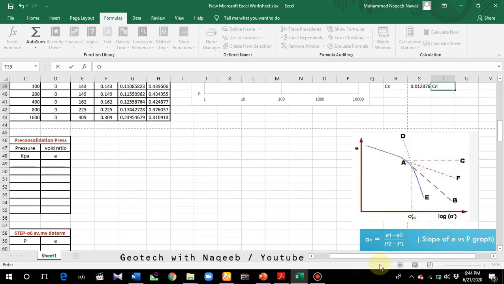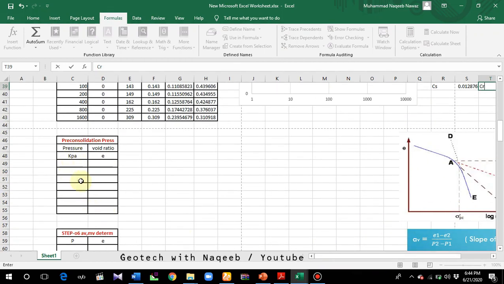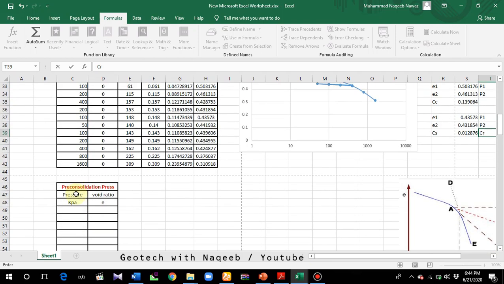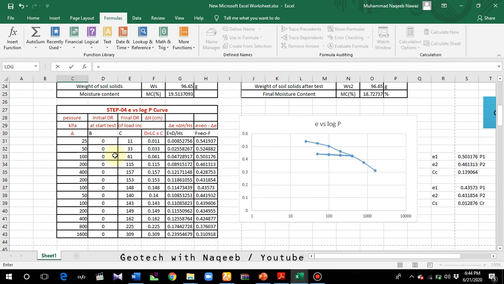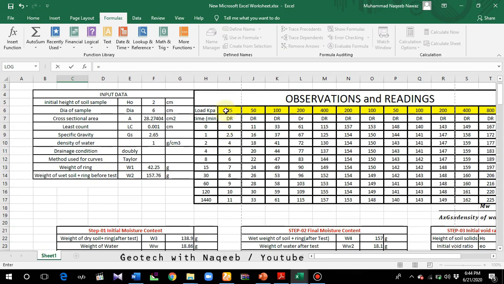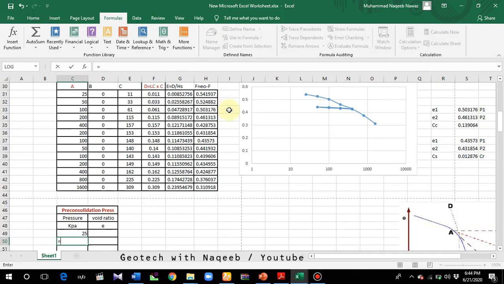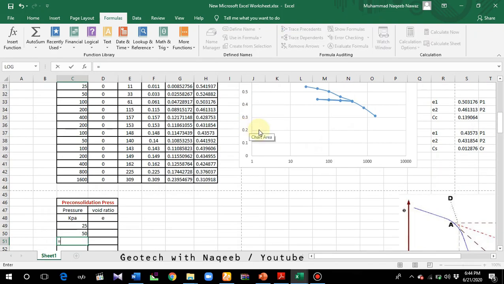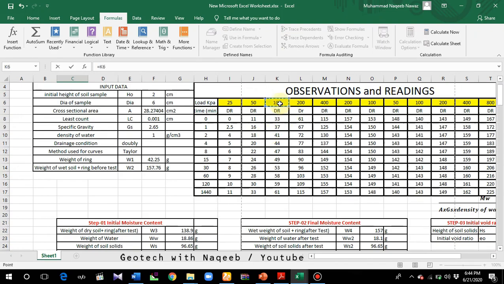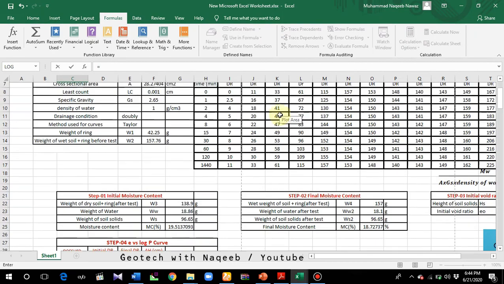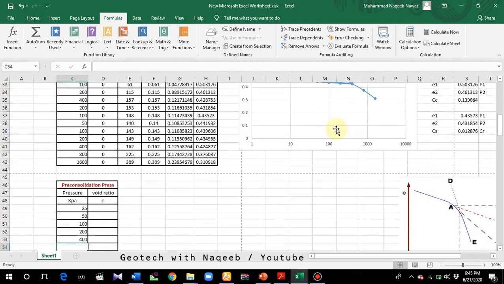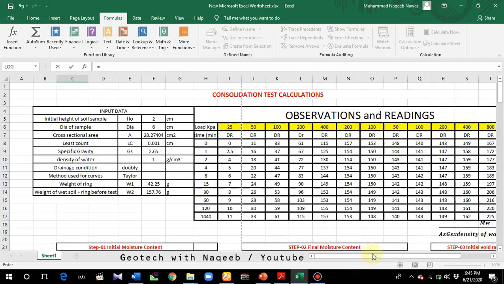In the next step, I'll have to find out the pre-consolidation pressure. For pre-consolidation pressure, I will be taking only loading values, not the unloading values. So it will be like 25, 50, only the loading part, 100, 200, 400, and the next will be 800.